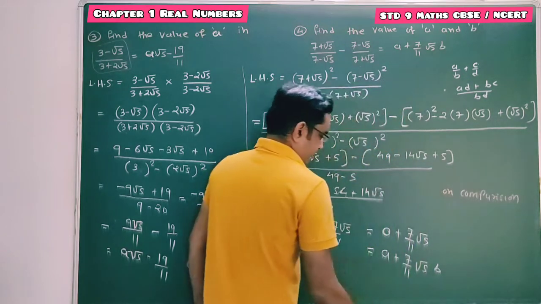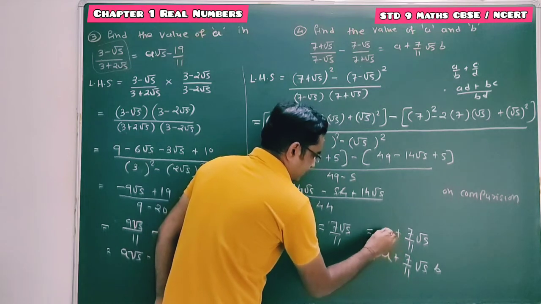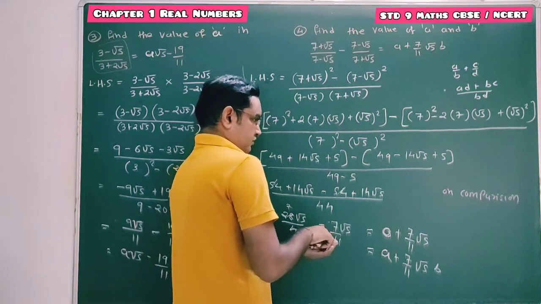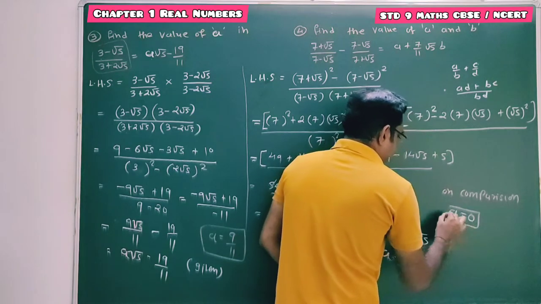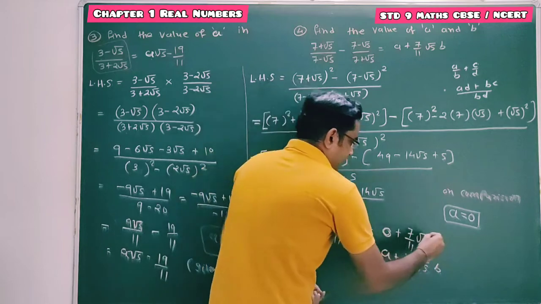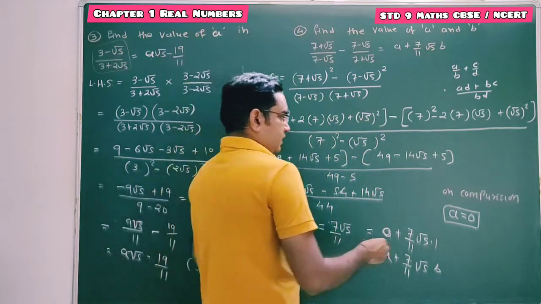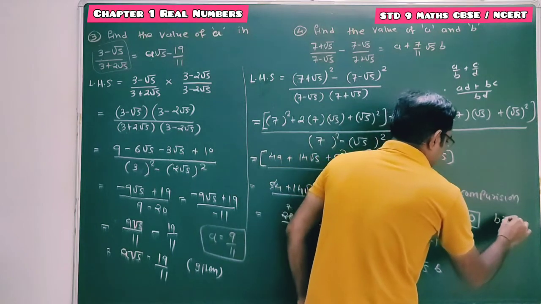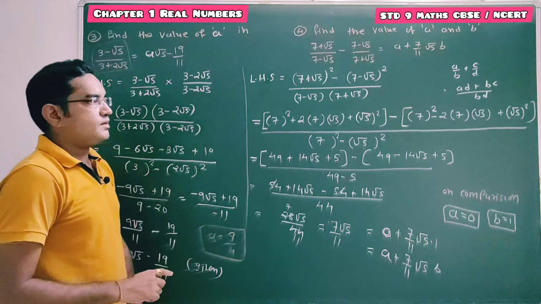On both sides, we can say the value of a is nothing but 0. So a is 0, and the value of b is the multiplication of 1. So b equal to 1. Clear students?